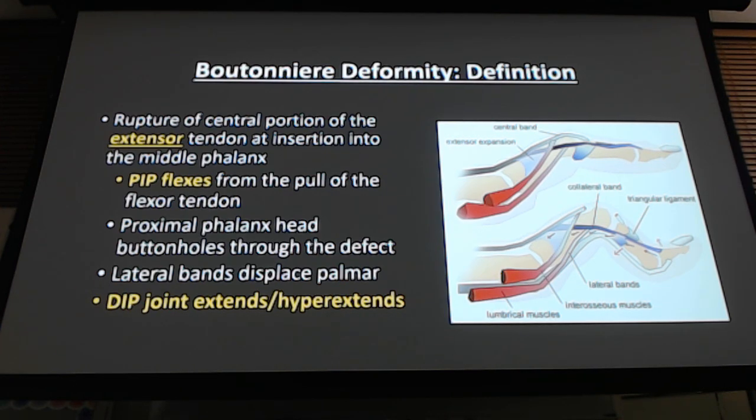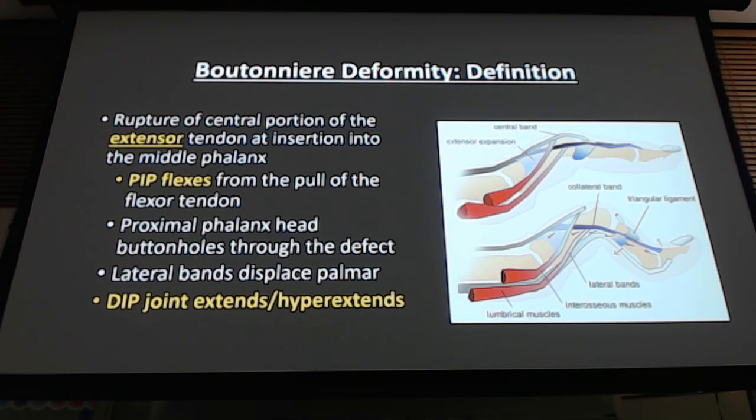So the proximal phalanx head buttonholes through the defect. Have you guys heard the term buttonhole before? Everybody knows what a button is, right, on your shirt. When the button goes through the buttonhole, that's a buttonhole.